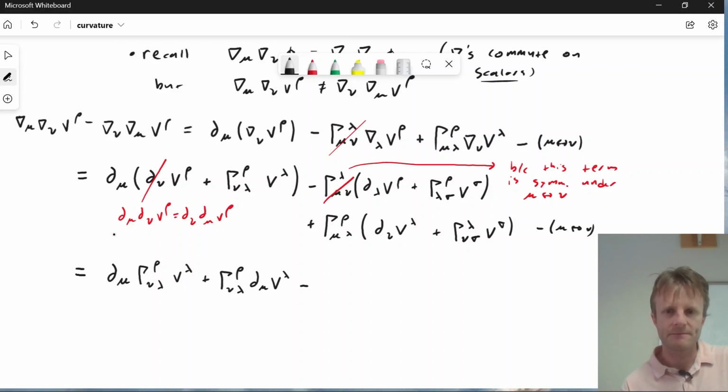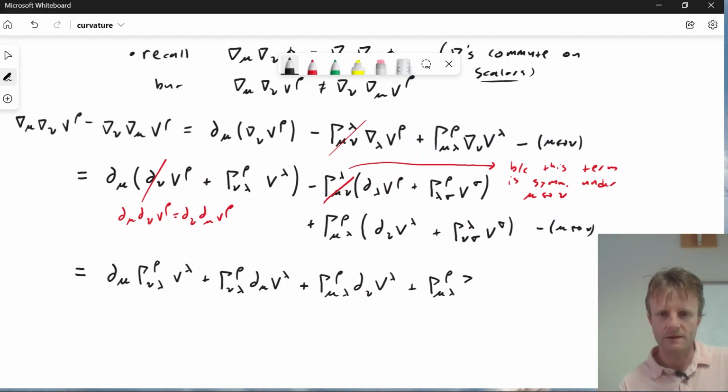And then I'm going to have a term plus Christoffel rho mu lambda del nu v lambda plus Christoffel rho mu lambda Christoffel lambda nu sigma. It's fun to say a string of 8 Greek letters and hope you know what I mean. V sigma minus mu goes to nu. All right, do you spot anything on this line, Evan?